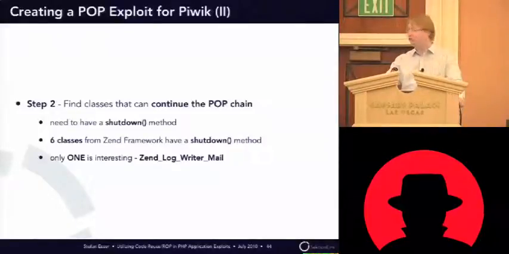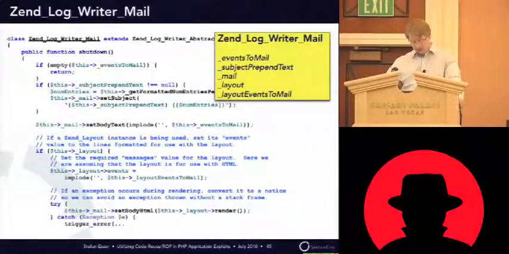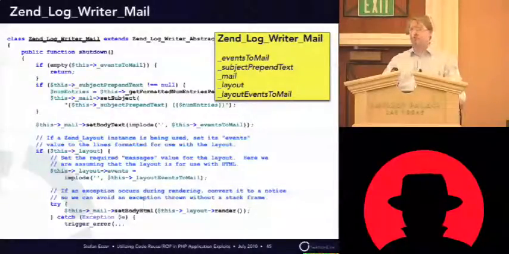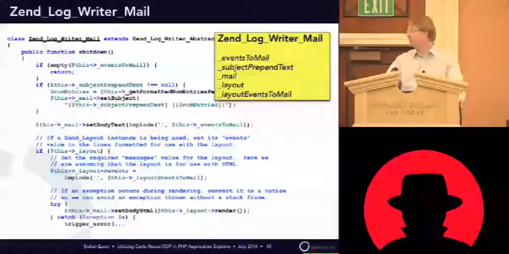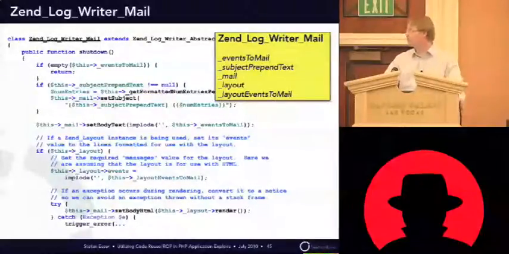So the only interesting one is the Zend_Log_Writer_Mail, and this is actually a very complicated method. What it does is it basically checks if it has events to mail, and if it has events to mail, then it will call the mail class and create the text section of the email, and later create the HTML section of the email.